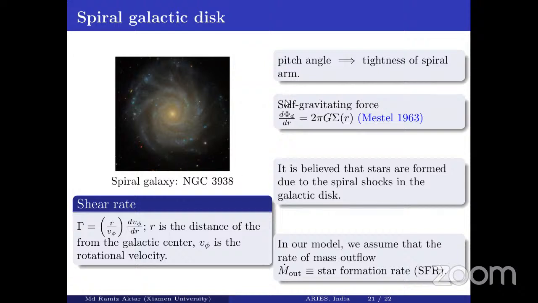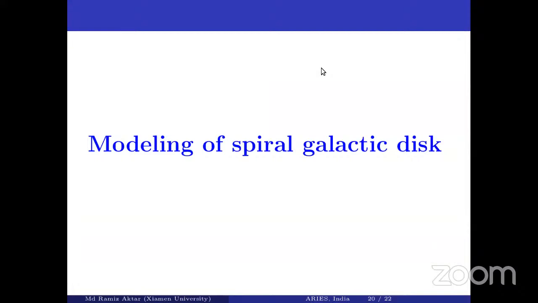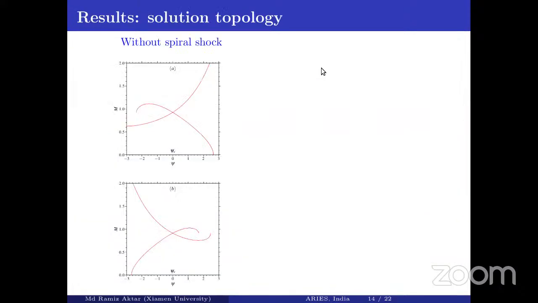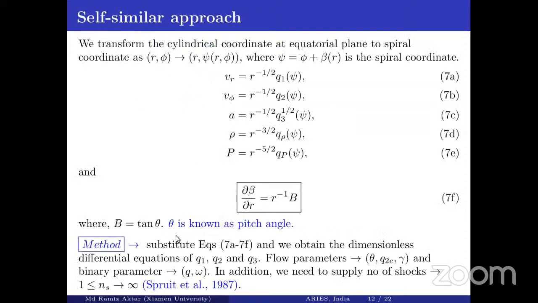And how did you calculate the star formation rate from there? Yeah, so pitch angle in our model, I already mentioned, is very important. So I can show you here. If for a particular spiral galaxy the theta is known, also from shear rate we can calculate what is V phi, the azimuthal velocity.